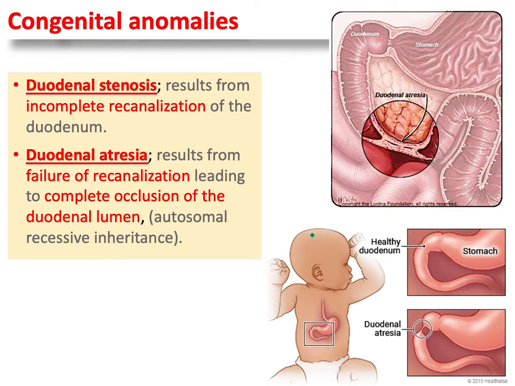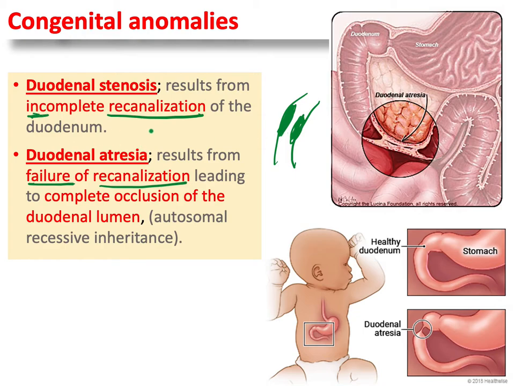Now again, similar to the esophagus, sometimes, and this is really common, there are congenital anomalies because of either complete failure of recanalization, or sometimes incomplete recanalization. If there is incomplete recanalization, it will be like a stenosis in the duodenum, similar to the esophageal stenosis.